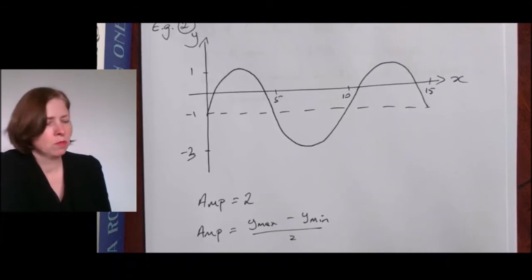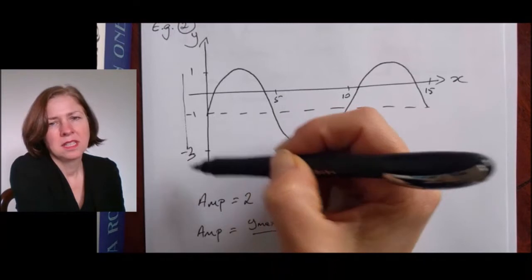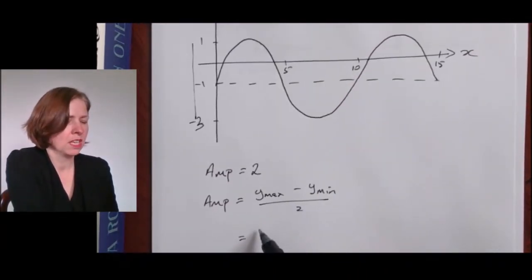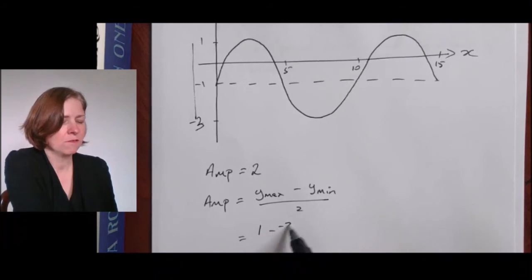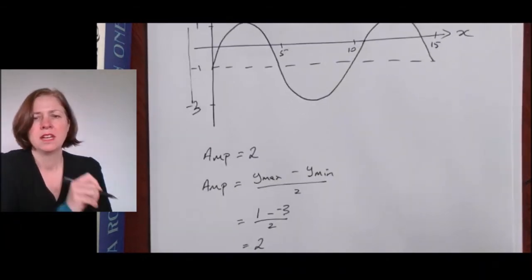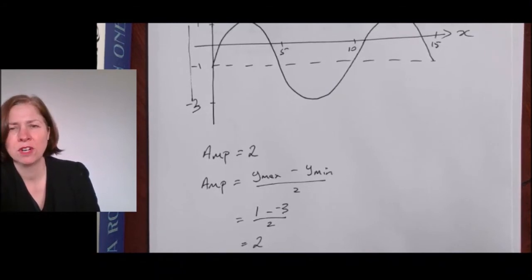I divide it by 2 because the maximum minus the minimum will give me this whole distance here, but I only want half of that. So that's just going to give me 1 minus -3 over 2, which is 4 over 2, gives me an amplitude of 2. But because I'm given the graph, I can see it very easily.